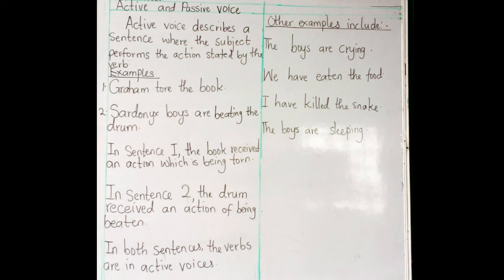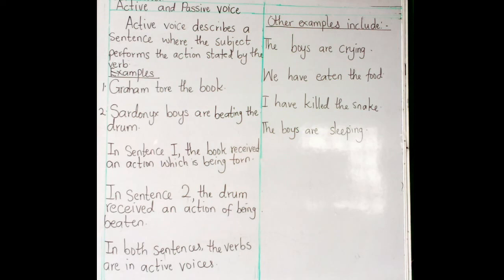Now take a look at this. In sentence 1, like I've explained previously, the book received an action, which is that it was torn. And in the second sentence, the drum equally received the action of being beaten. In both sentences, the verbs are in active voice.